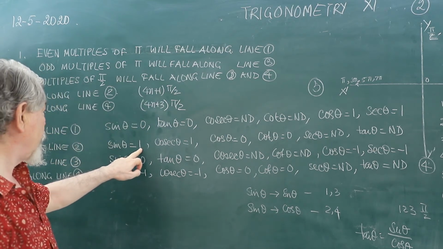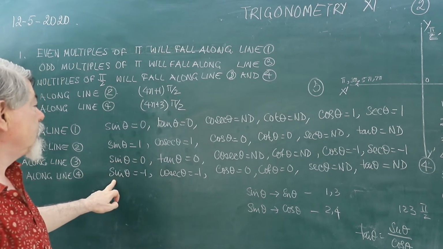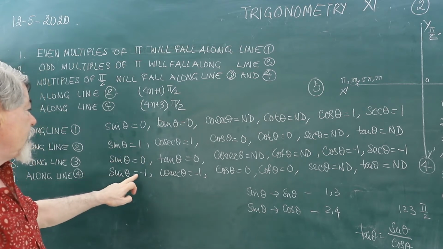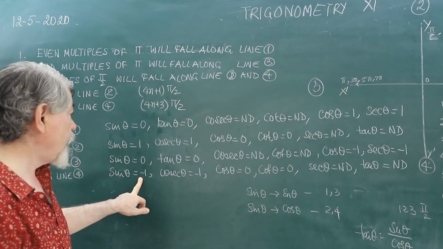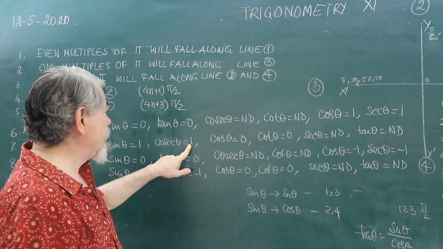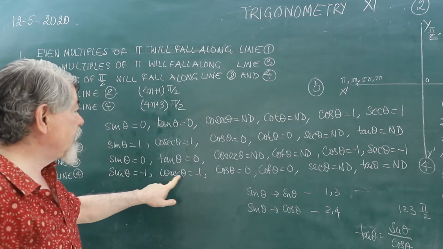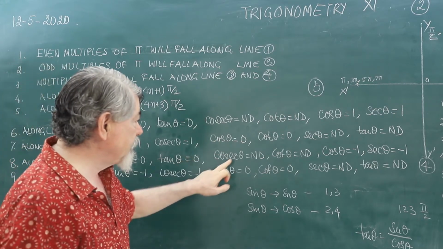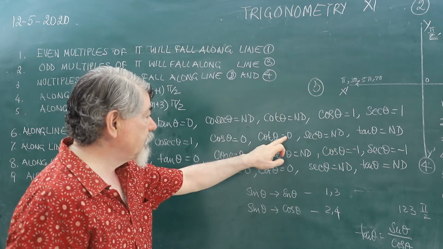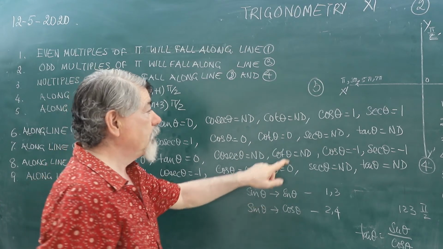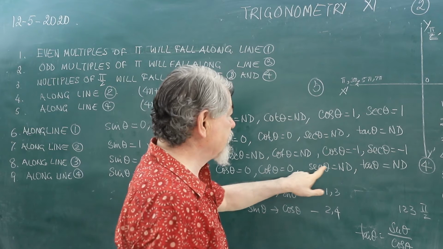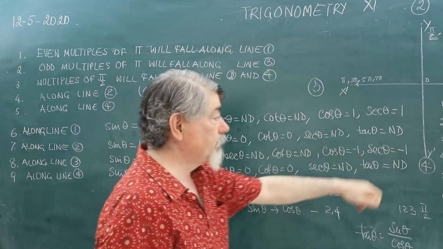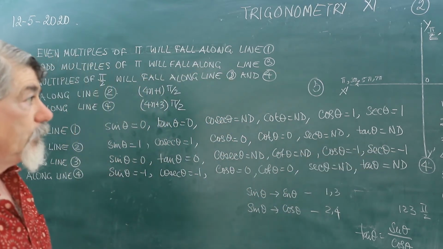Sin theta was 1 along line 2, sin theta will be minus 1 along line 4. Cosec theta was 1 along line 2, cosec theta will be minus 1 along line 4. Similarly, cos theta is 0, cot theta is 0, sec theta is not defined, tan theta is not defined.